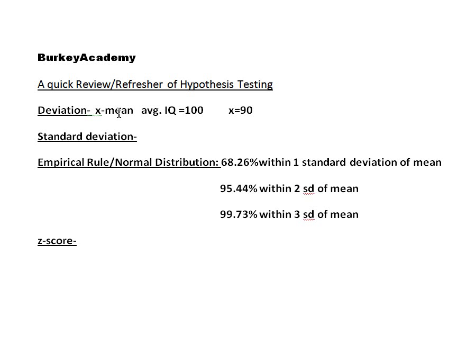The deviation is simply 90 minus 100 equals minus 10. That's our deviation. It's nothing complicated, but it's just a word and an idea that we're going to return to time and time again. So a deviation is how far is some number from the average.